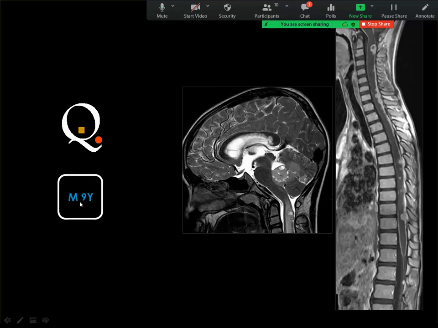This 9 years old child with sagittal T2 for the brain and sagittal T1 post contrast for the whole spinal cord.